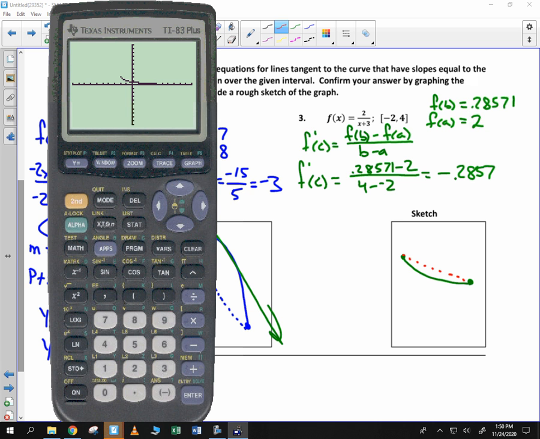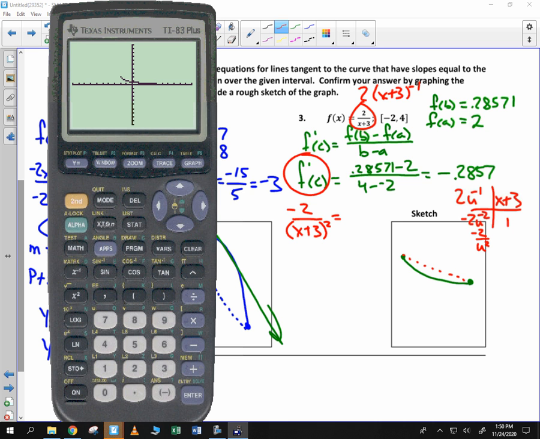So what do we need to do now? We need to find f prime of c. We need to find the derivative of that. I'm going to go ahead and use the chain rule. I've got 2u to the negative 1, because I'm going to write this as 2 times x plus 3 to the negative 1 power. The derivative is negative 2u to the negative 2, or negative 2 over u squared. And I have x plus 3 here, and the derivative is 1. So the derivative is negative 2 over x plus 3 quantity squared.